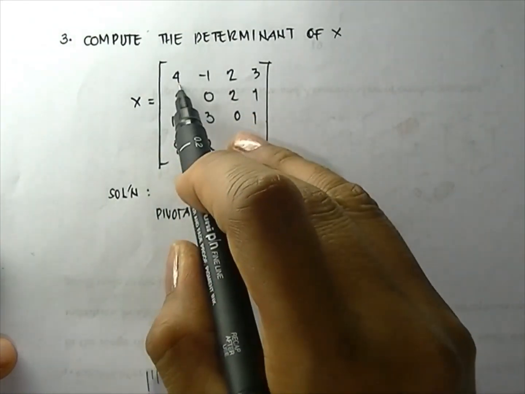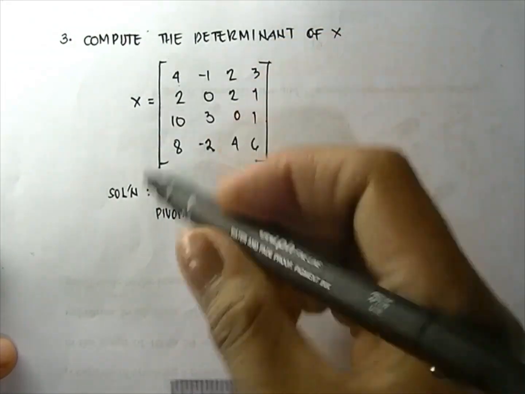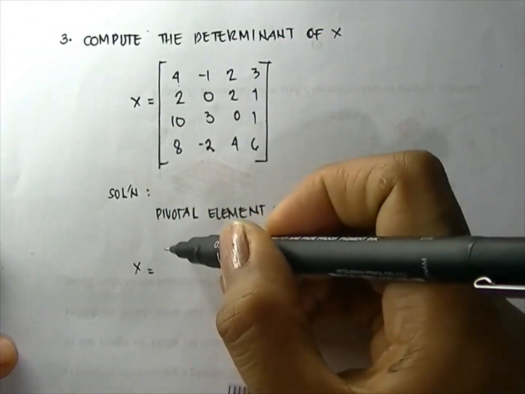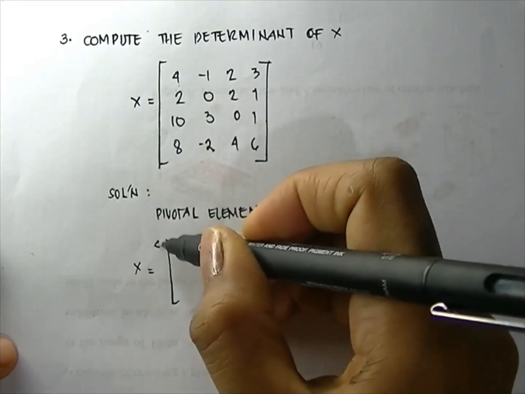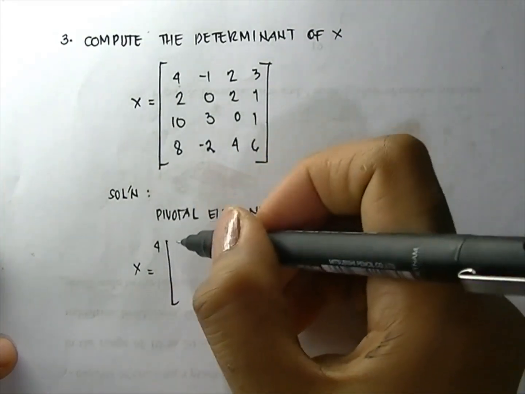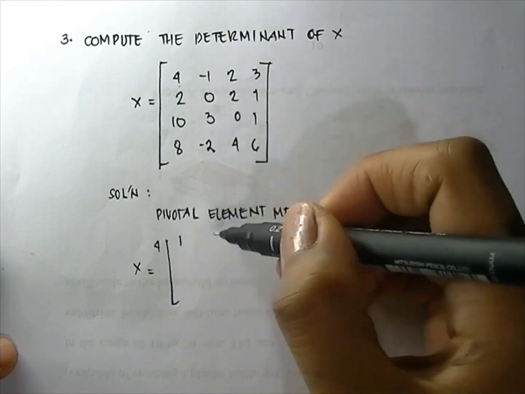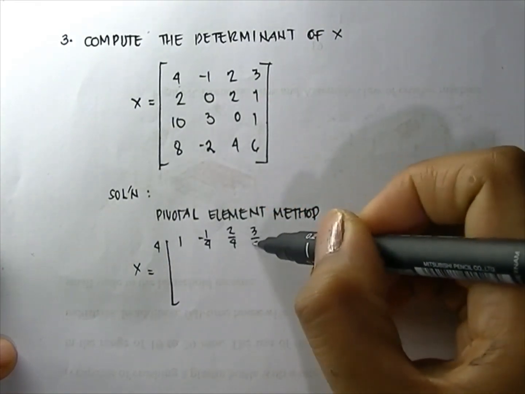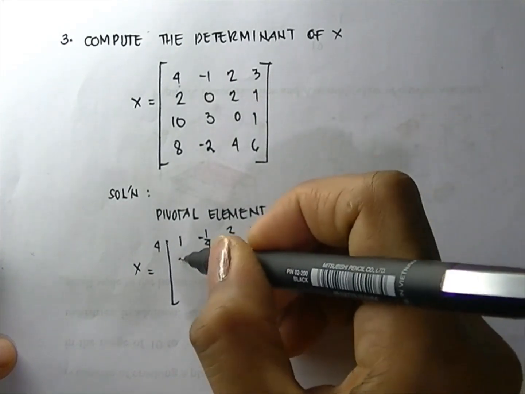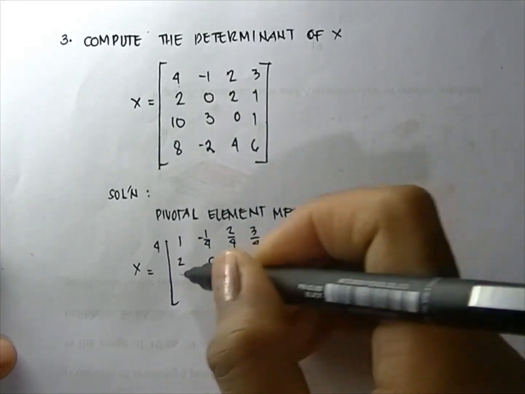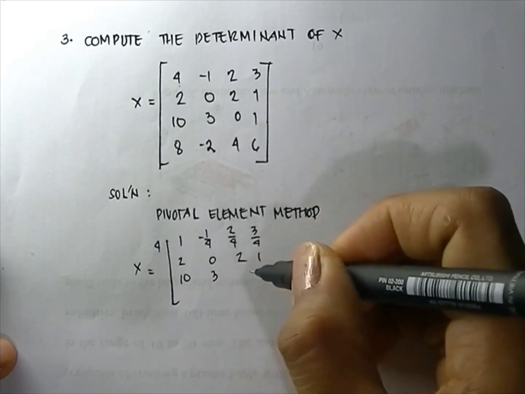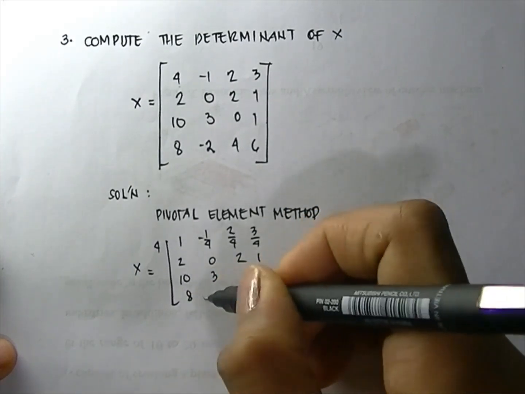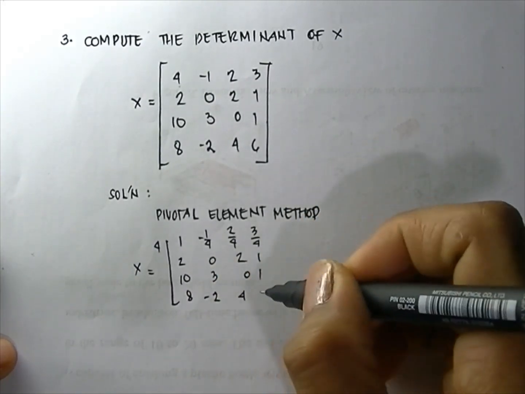And I set 4 as my pivot, but this must be 1. So bring out 4, we have 4, 1, negative 1/4, 2/4, and 3/4. And copy the others. 2, 0, 2, 1, 10, 3, 0, 1, and 8, negative 2, 4, and 6.